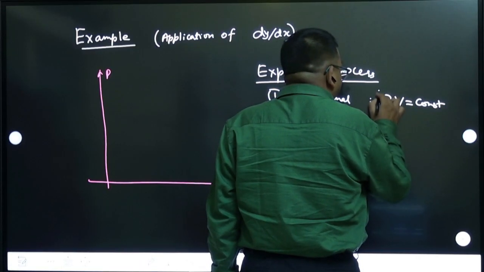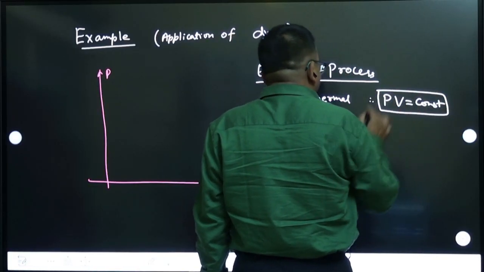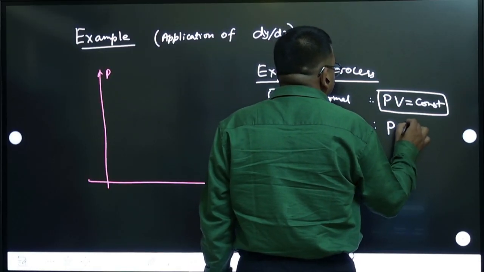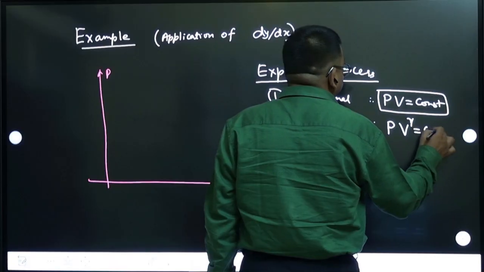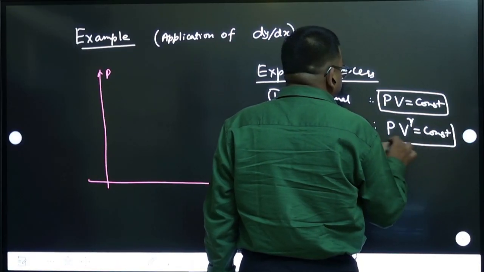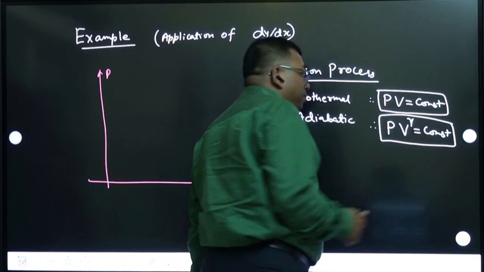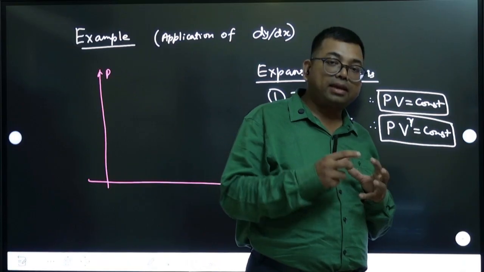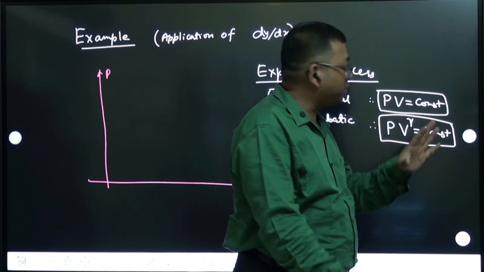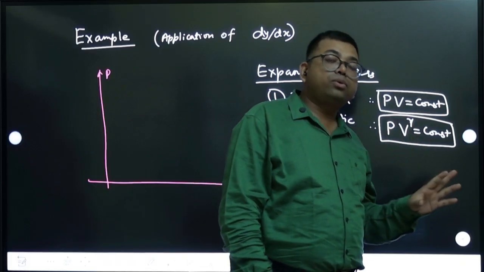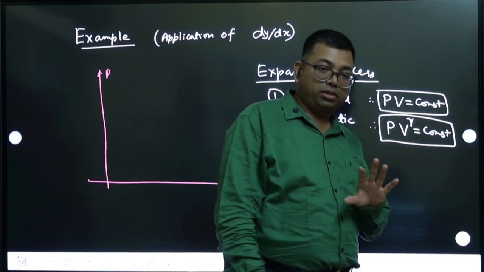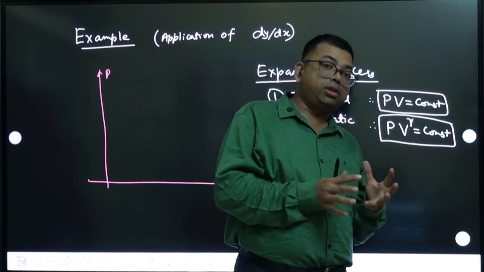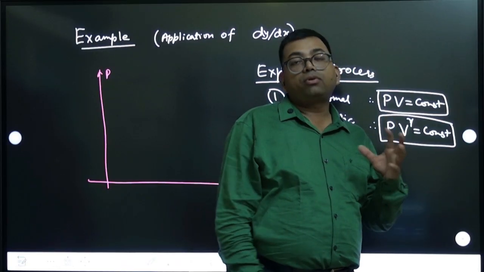The adiabatic process is P into V power gamma is constant. Here gamma is a number which is the ratio of Cp by Cv. Grade 11 students, you will understand it later, but you need to know that gamma is just a constant. Pressure and volume are the two variables we are studying.